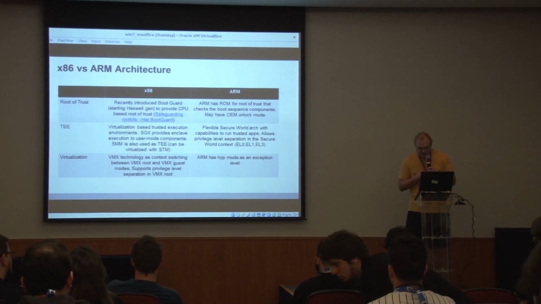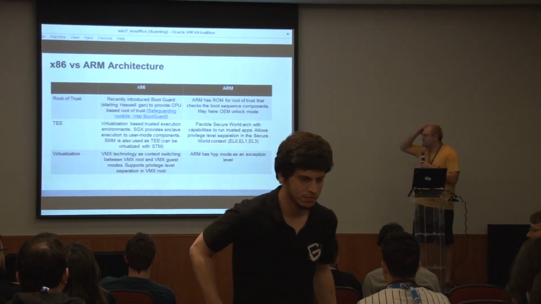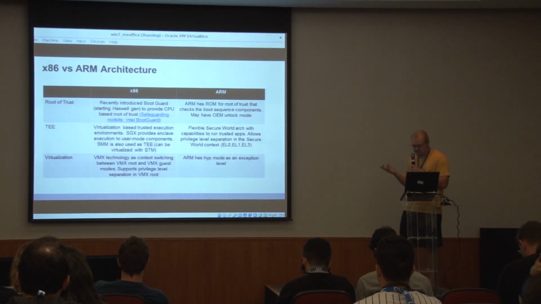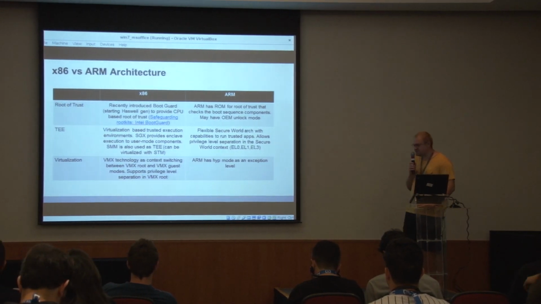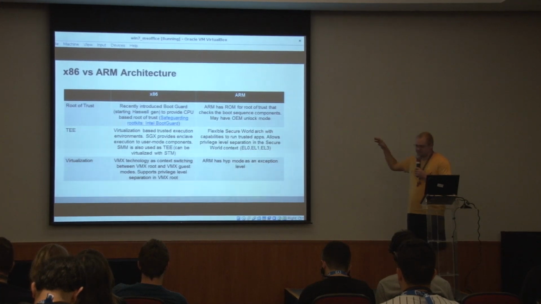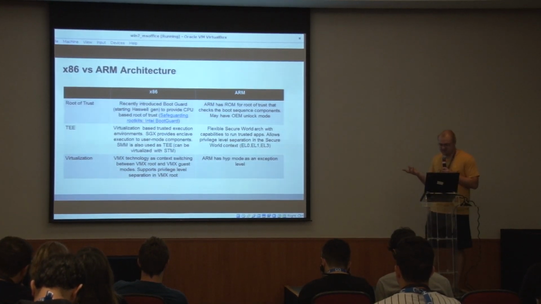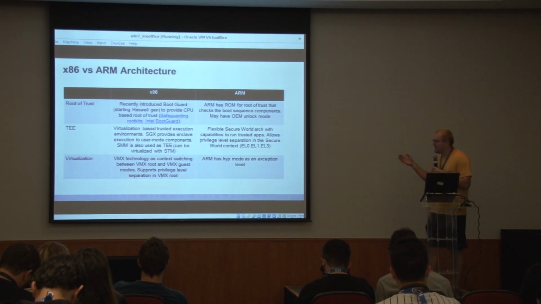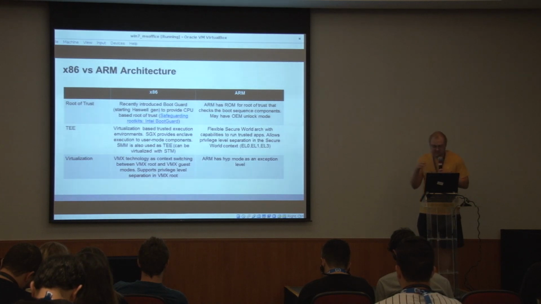So, about the TEE, Trusted Execution Environment. As I already mentioned, ARM has really good flexibility in TrustZone. There are privilege levels, which, from a technology perspective, are similar to what virtualization does in x86, because x86 virtualization also has privilege levels and separation between them.